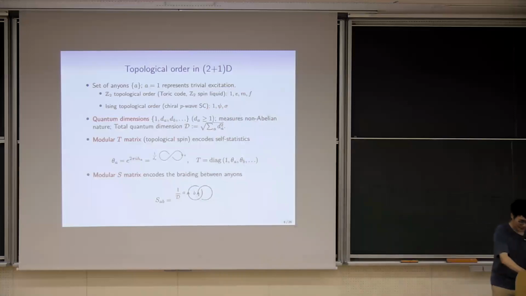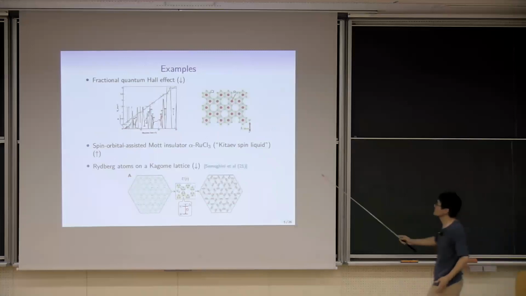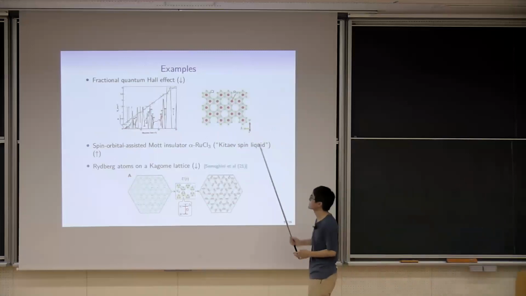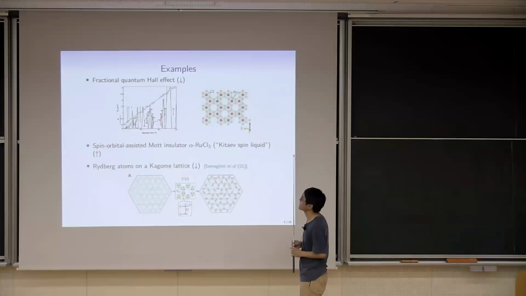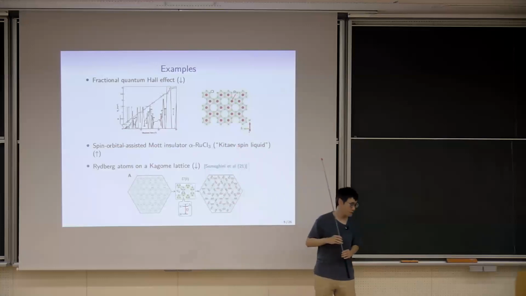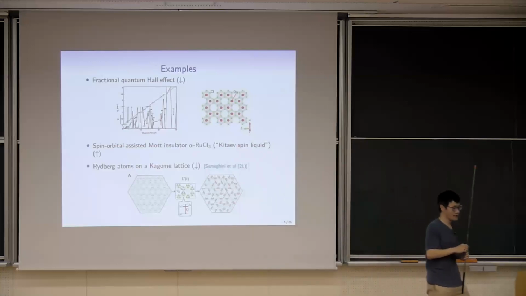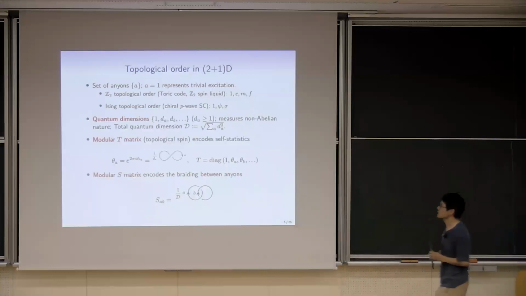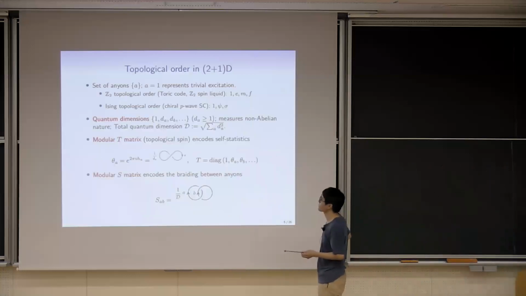As I said earlier, this is perhaps not the best example, but it can be realized in the Kitaev spin liquid, or a particular phase of the Kitaev spin liquid, or some complicated fractional quantum Hall effect that may potentially host this type of Ising topological order, which has non-abelian anyons.